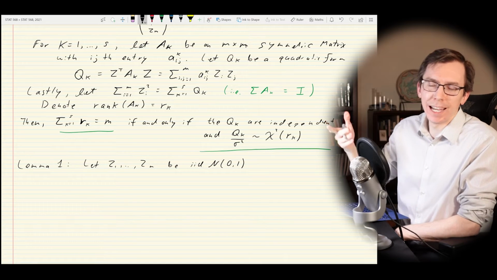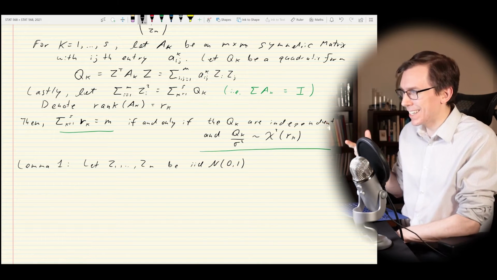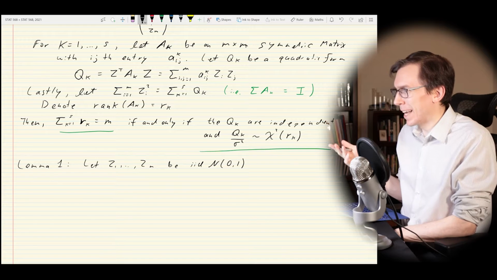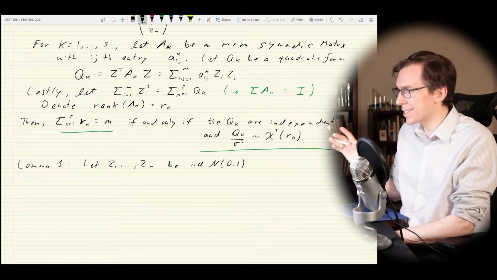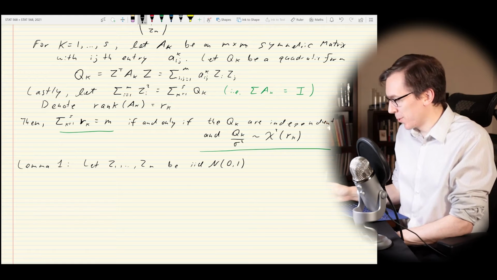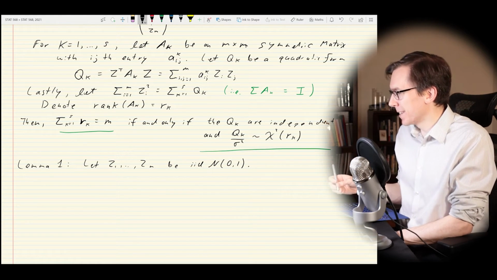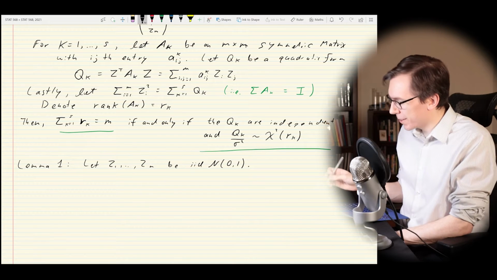So we're just going to normalize the variance to 1 for convenience. That's okay, right? Because we're going to end up dividing by sigma squared at the end anyway. So for this lemma, everything's standard normal. We don't have to worry about some variance sigma squared in there.